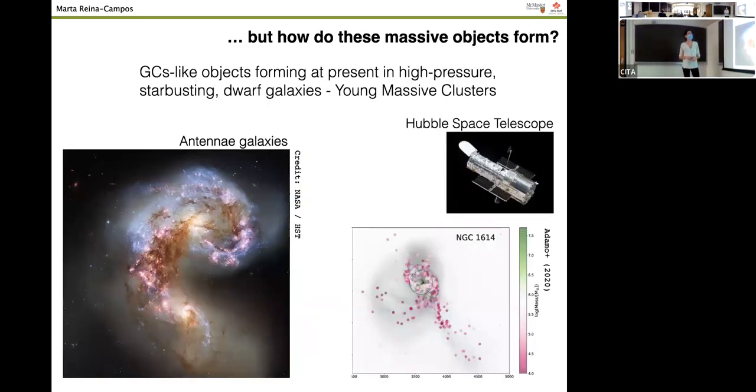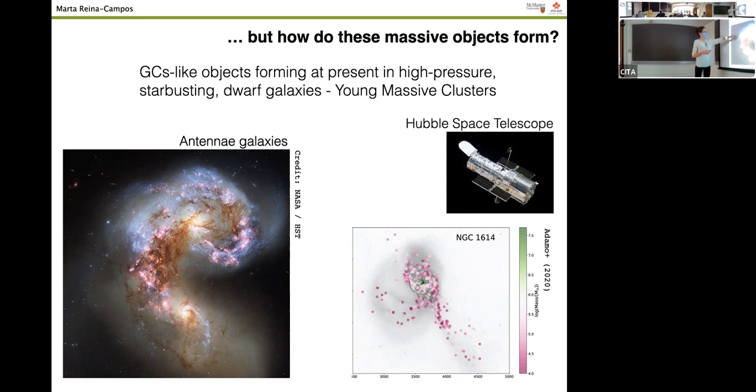And indeed, this is what we see when we look around in the local universe with telescopes like the Hubble, and we are observing particularly high-pressure starbursting dwarf galaxies. This is where these objects were first observed, but we're seeing a similar type of massive cluster formation not just in this galaxy, but almost in any other starbursting galaxy that we're looking at.